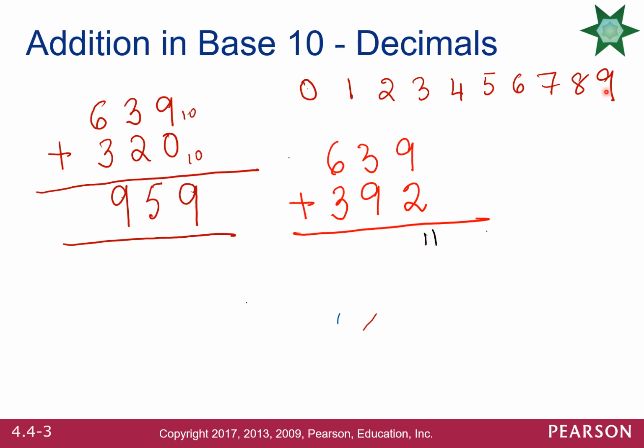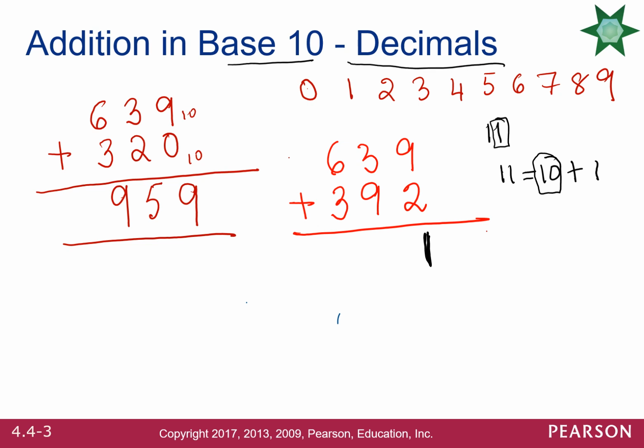Since 11 is greater than 9, what we do is we put the 1. So 9 plus 2 is 11, and we are going to write the units digit over here, and we are essentially carrying over 10. 11 is equivalent to 10 plus 1, all right? So here we are working with bundles of 10 because we are working with base 10 decimals.